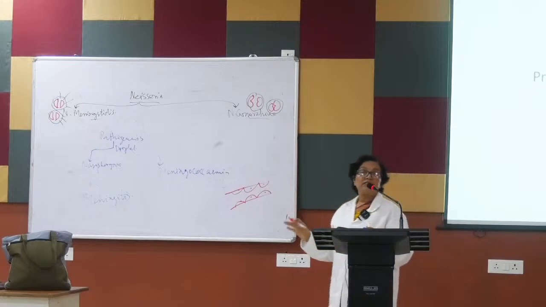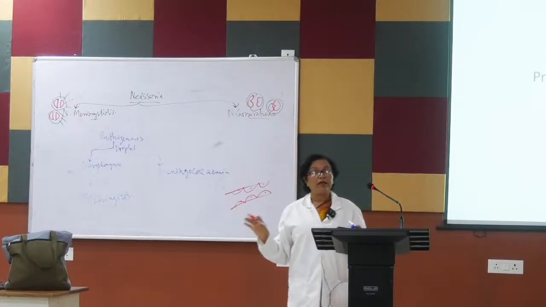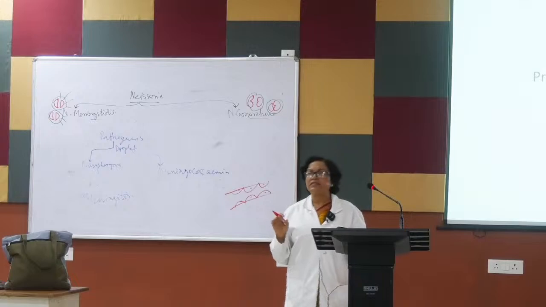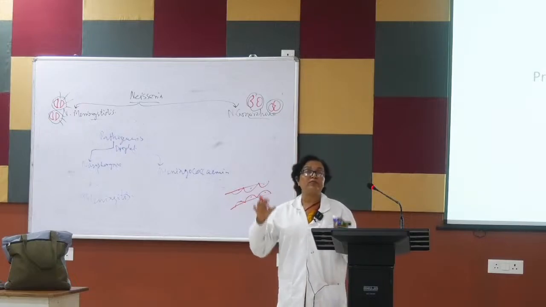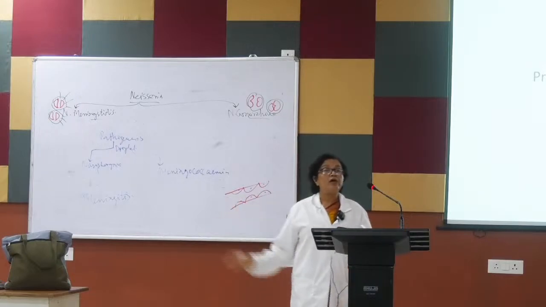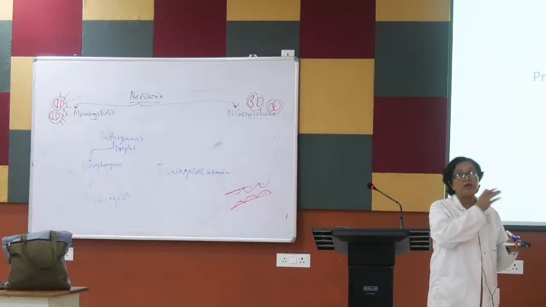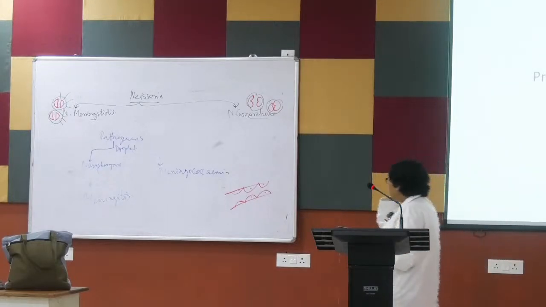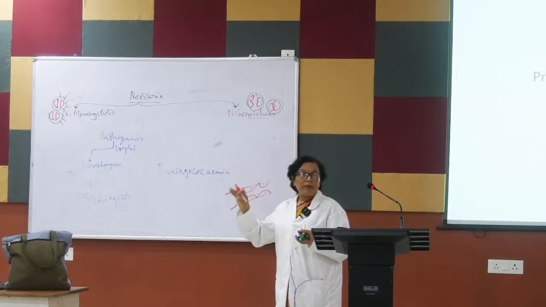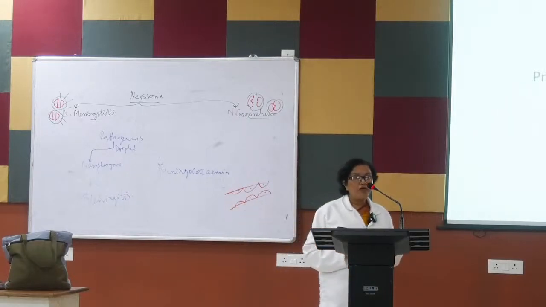There will be DIC, disseminated intravascular coagulation, which may lead to death of the patient. I will show you the picture. So this is the pathogenesis. Now I will go for diagnosis.